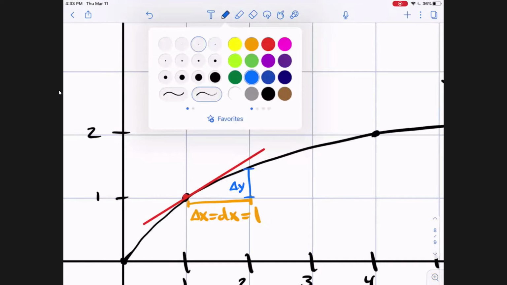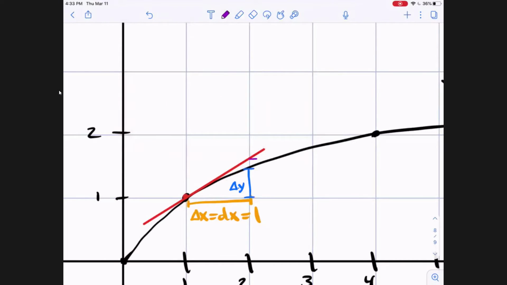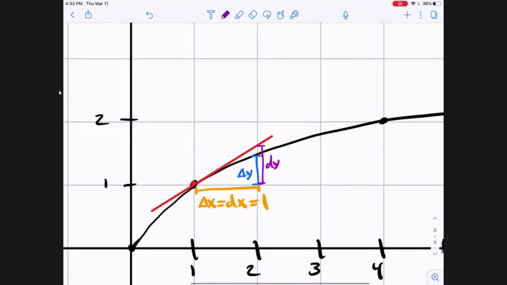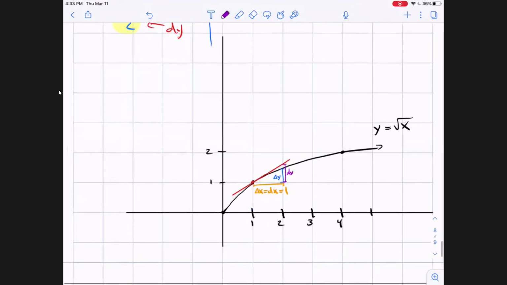And let's go with another color here, the purple. All right. So here we go.